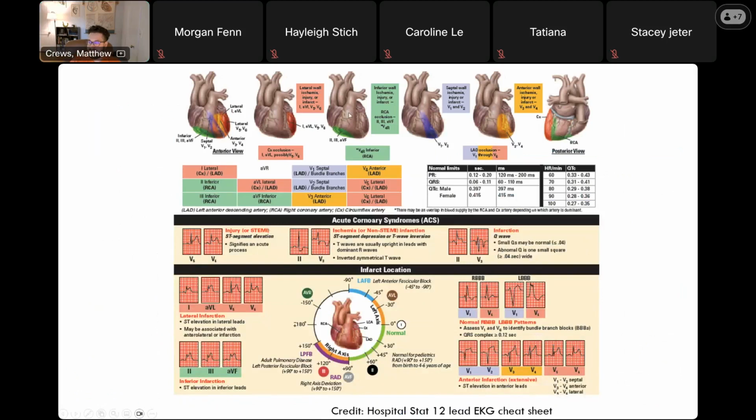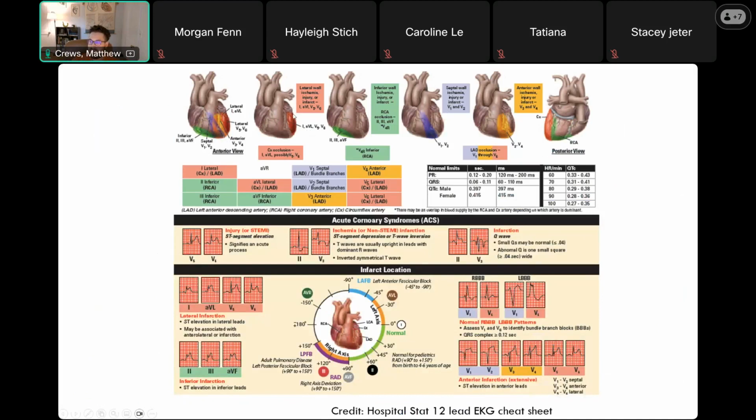Okay. There's a lot going on here, okay? And I need you to know everything on here. Not really. So this up here, up top, is kind of a colorized description of what we just talked about. If you're looking at the inferior part of the heart, you're going to look at 2, 3, and AVF, right? If you're looking at the septum, it's going to be V1, V2.